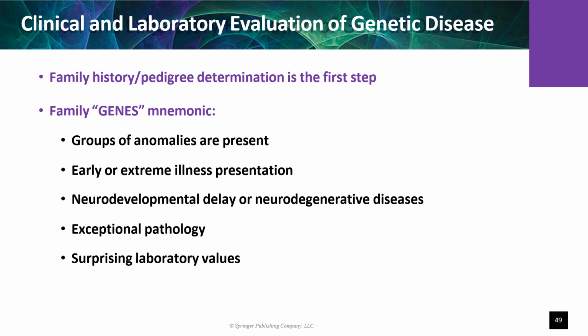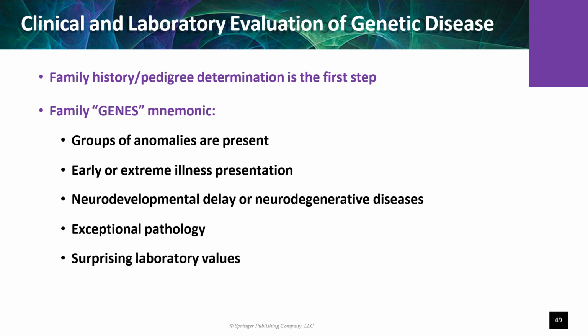The GENES mnemonic. The G increases the probability of an underlying genetic syndrome. The E, onset of disease at an earlier age than expected or in an uncharacteristic sex, will indicate a genetic basis. The N is neurodevelopmental delay in infants and children.